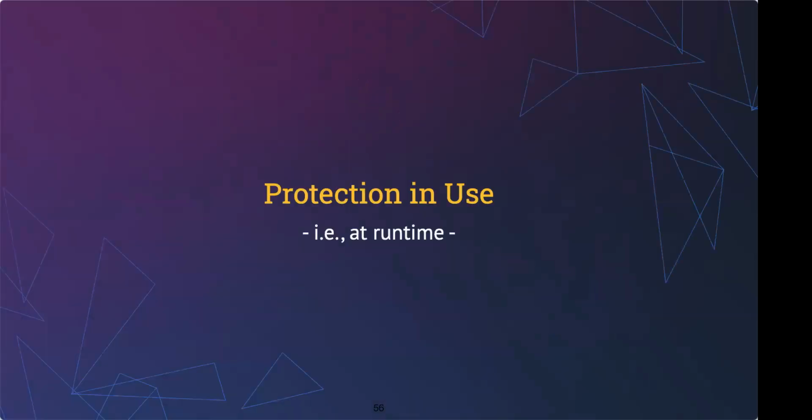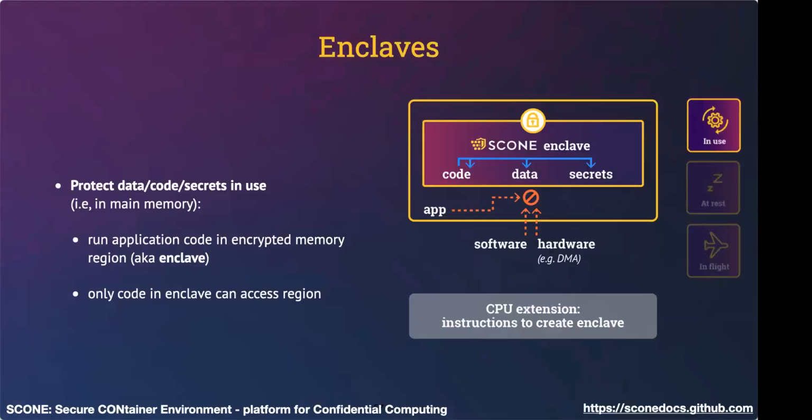Okay. So let's focus a little bit on the protection in use. So at runtime, when my service runs in memory, say in Linux or Windows, then if I'm an admin, I typically can get a copy of all the data that is in main memory.